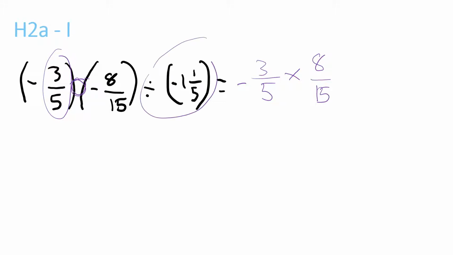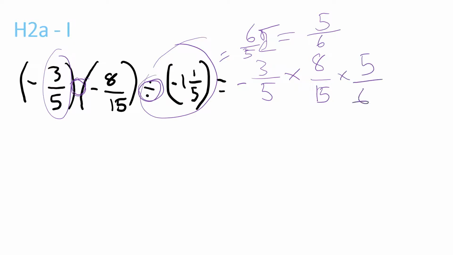And this part, that equals 6 over 5. Then negative 1 and 1/5 equals 6 over 5, because you changed it to an improper fraction. But then you've got to switch them around. So it equals 5 over 6. The reason you switch them around is because there's a divided by sign there. So that means it's times now 5 over 6.